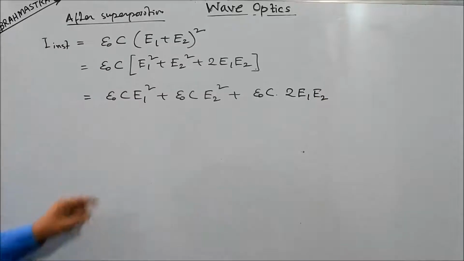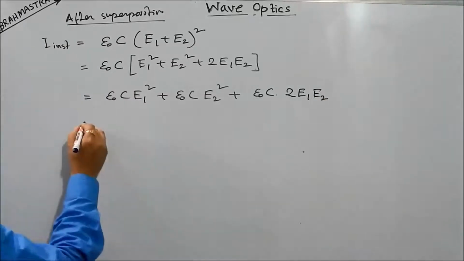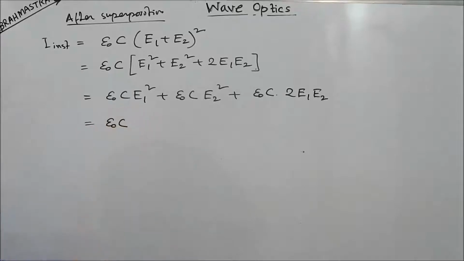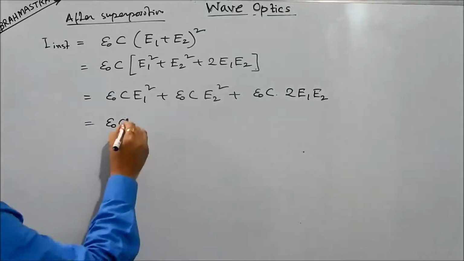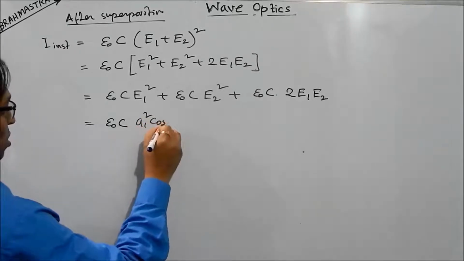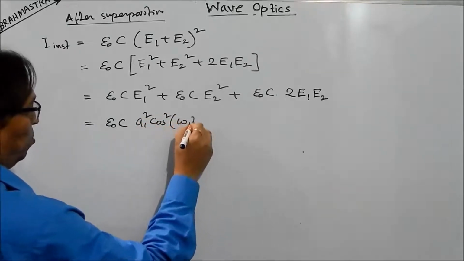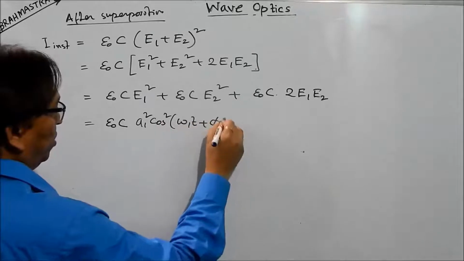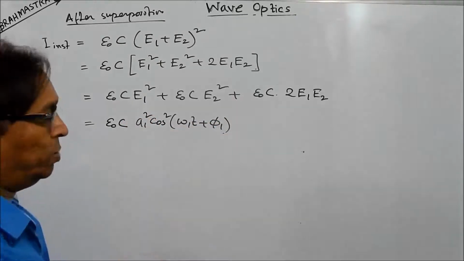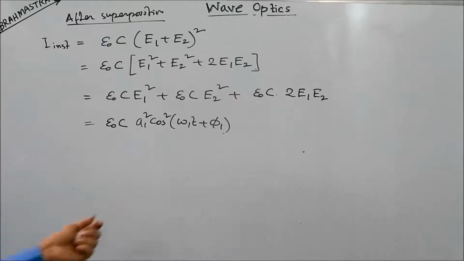Now we have to write the value of E1 and the square of E1. So this will be epsilon naught C, and E1 square is actually A1 square cos square (omega 1 t plus phi 1). So this is the value of A1 cos (omega 1 t plus phi 1).